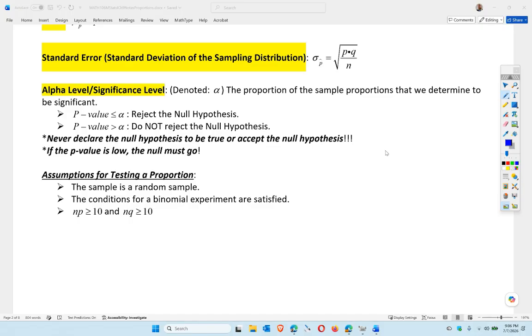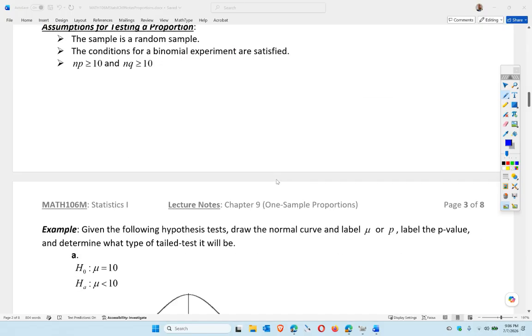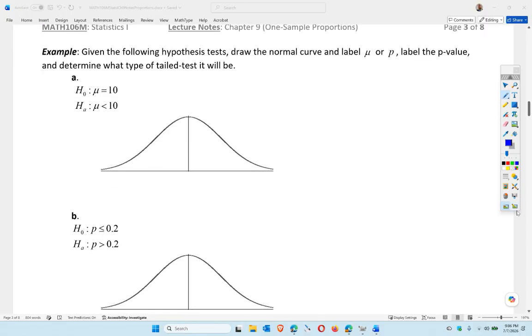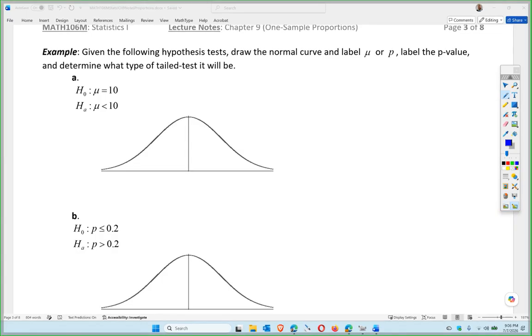So before we do hypothesis testing for those 4 steps, we want to look at a couple things here. If the hypotheses are these, then the mean here is 10, and we want to do a left-tailed test essentially, right?